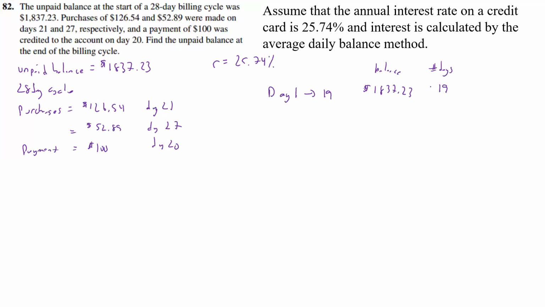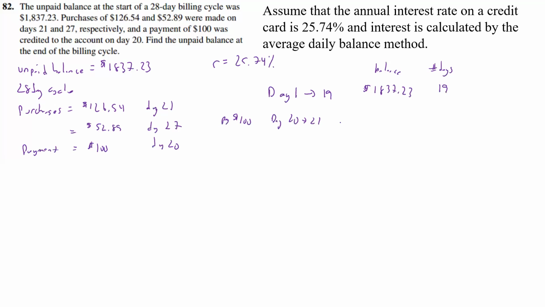Then what happened? Well, on day 20 we had a payment of $100. So for days 20 through 21, we had a $100 payment.